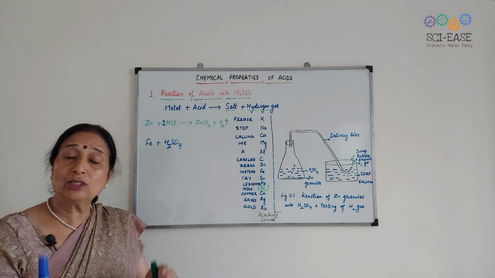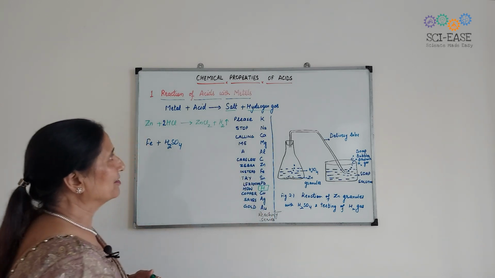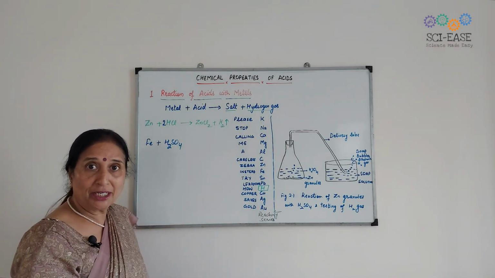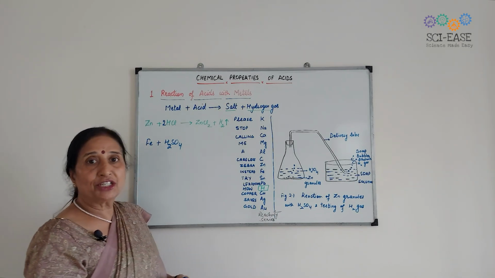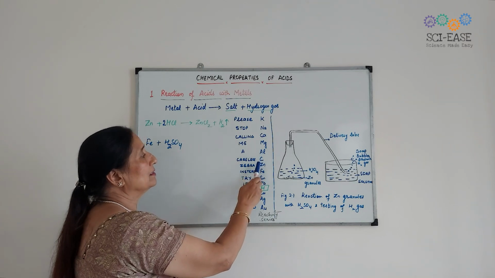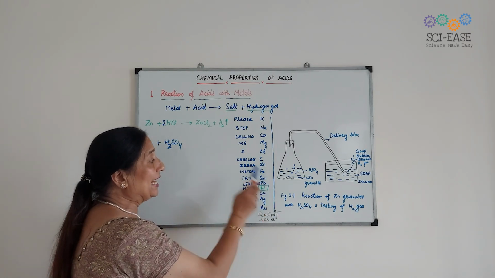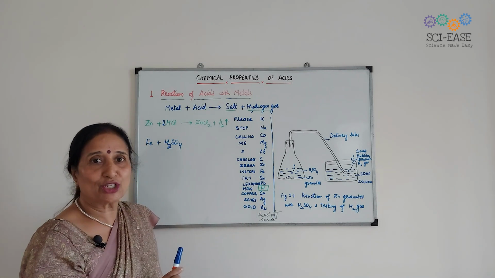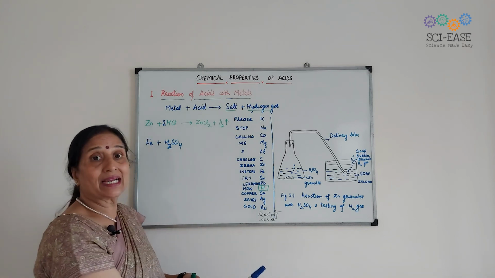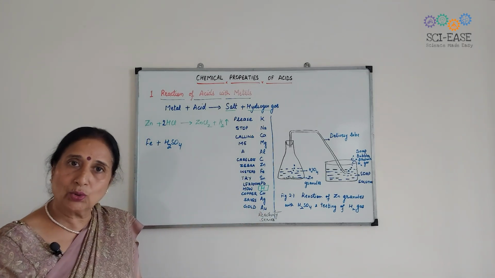For this, you have to remember the reactivity series. The first member, the most reactive one, is potassium, then sodium, calcium, magnesium, aluminium, carbon, zinc, iron, tin, lead. Then comes hydrogen. And the metals which are less reactive than hydrogen are copper, silver, and gold.